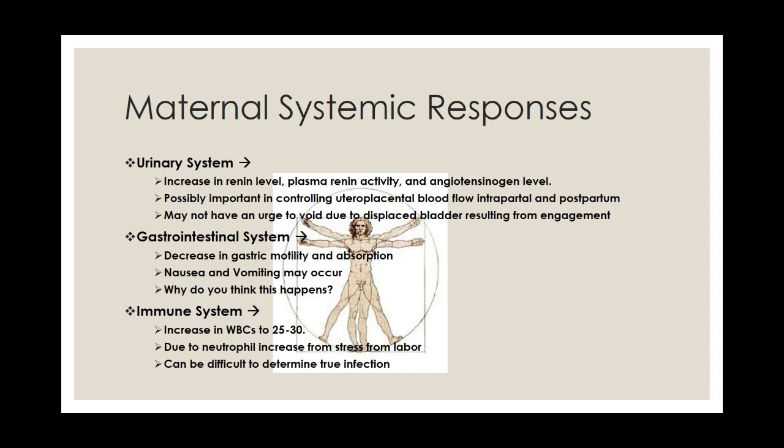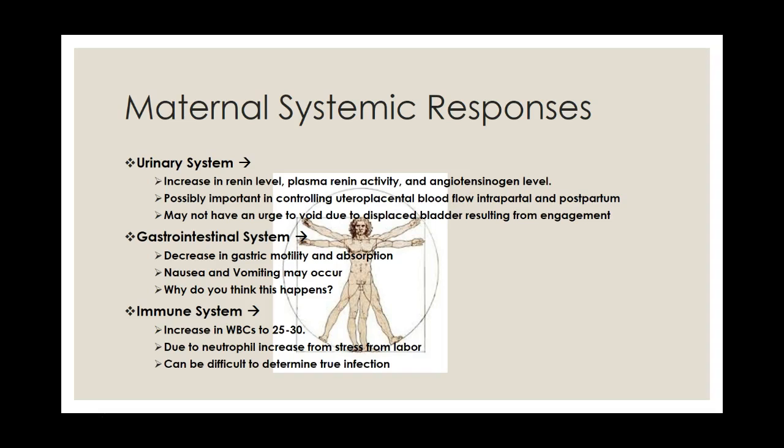If their bladder is full of urine, it is going to interfere with the baby's descent into the passageway. So we always want to make sure the bladder is empty.